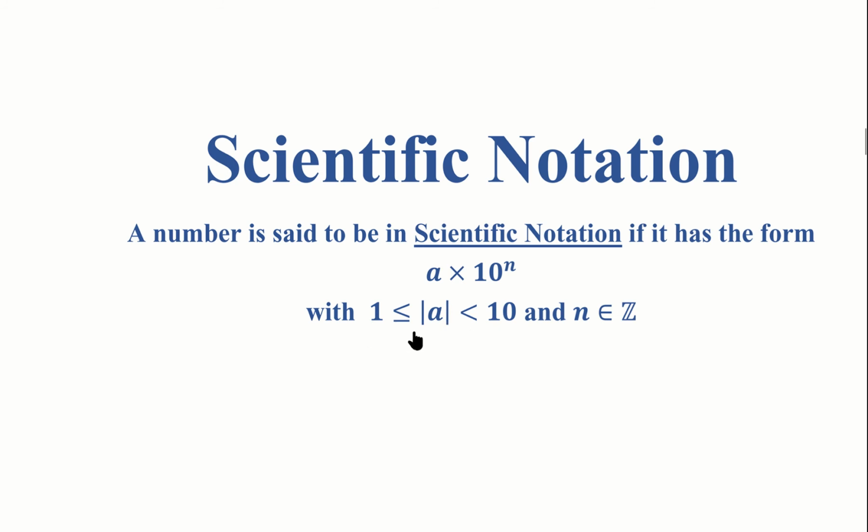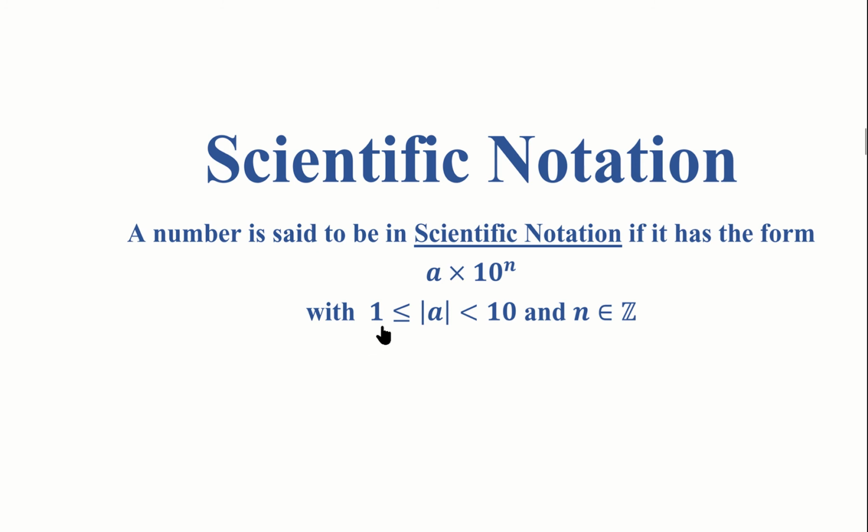And the way we say this is we say left inclusive. That means 1 is okay, 10 is not. So you want the absolute value to be greater than or equal to 1, but simultaneously less than 10. So in other words, 9.99 is okay, right? 10 is not.